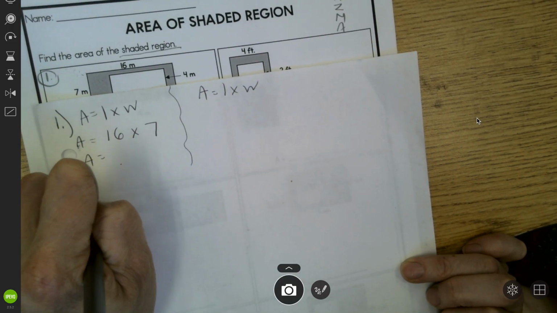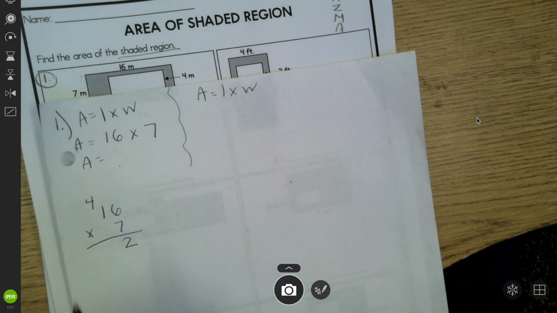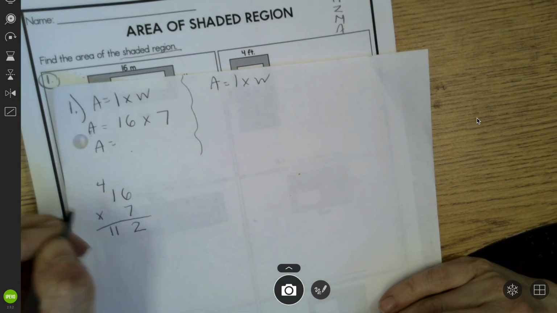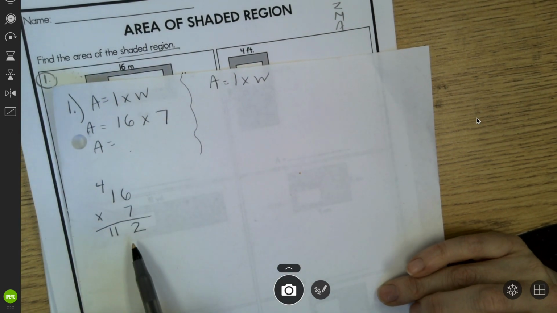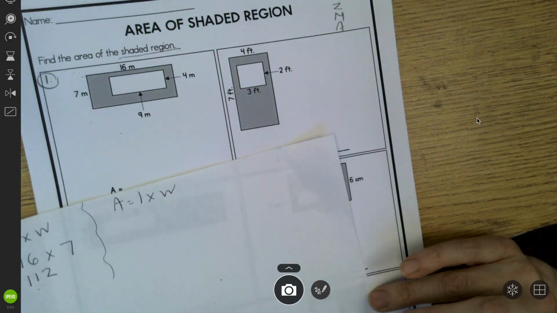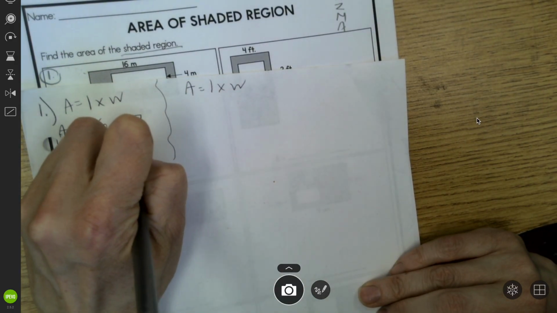Stop. 6 times 7 is 42. The 2 in the ones place down here. Carry the 4 in the tens place. 7 times 1 is 7 plus 4. I'm going to put a 7 in my head and count up. 7, 8, 9, 10, 11. So 16 times 7 is 112. And this is measured in meters. The M stands for meters, square meters, okay?